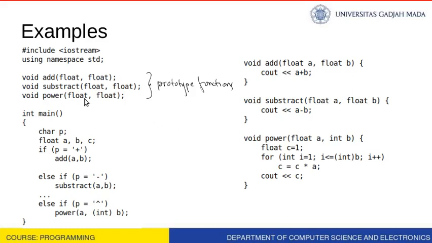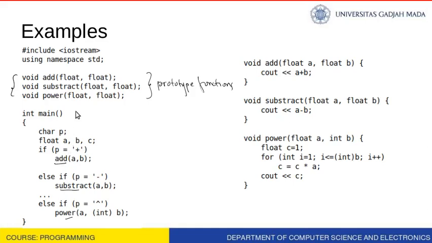If we leave out this prototype function, or we delete this, then when you call add in the main program, this will give you an error. This is also the case when you call subtract and power. Why? Because the flow of the program execution comes from the first line and goes down to the next line.